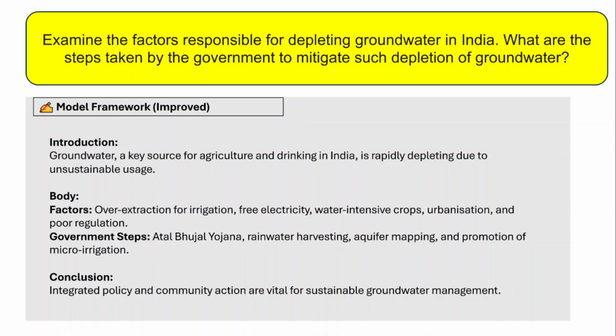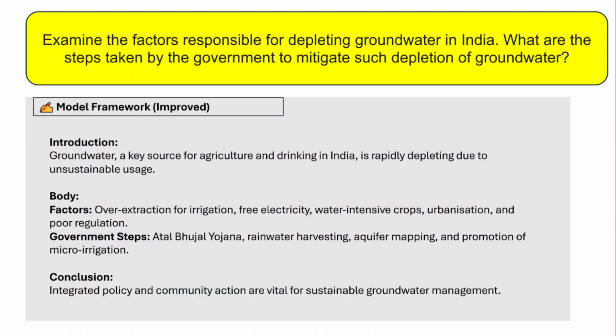Before addressing this question, you need to go through the model framework of this answer. In the introduction, you need to mention the groundwater and statistics related to the groundwater. You could also briefly mention the depletion of the groundwater resources because of unsustainable usage. Then in the body part of the answer, you need to mention two parts.